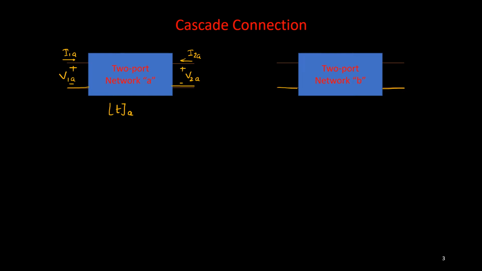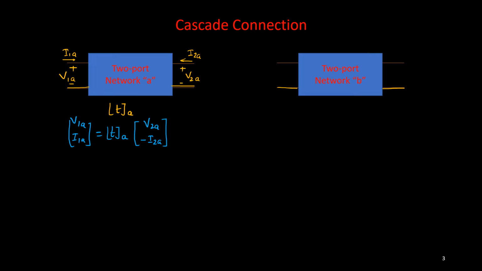So for this one we can express V1A, I1A as TA times V2A and minus I2A. Be careful about this because the negative sign is important here. So this is for network A.